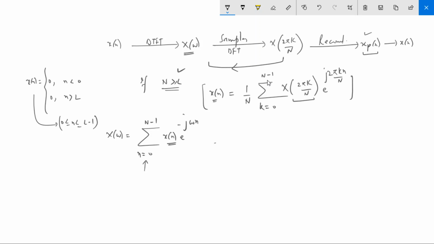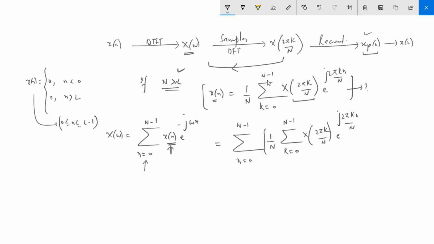Okay. So now in place of x(n), I can use this equation, which is the reconstruction formula. So I can write it as summation of n from 0 to N minus 1, and in place of x(n), I can write 1 by N summation k from 0 to N minus 1 X(2 pi k by N) e raised to power j 2 pi k n by N, multiplied with e raised to power minus j omega n.